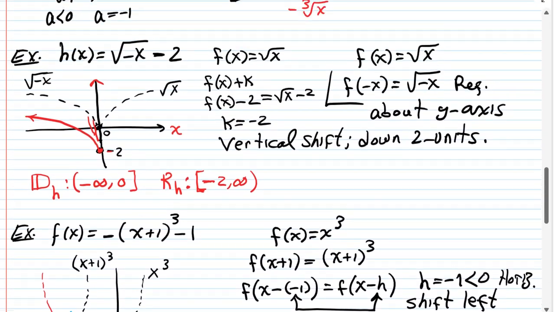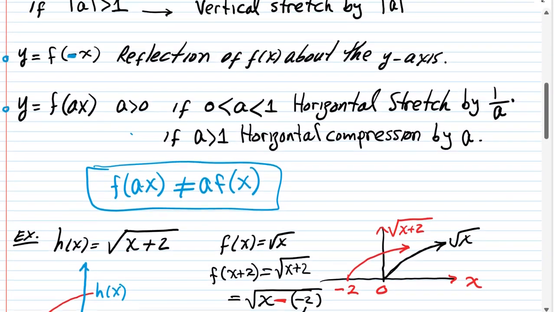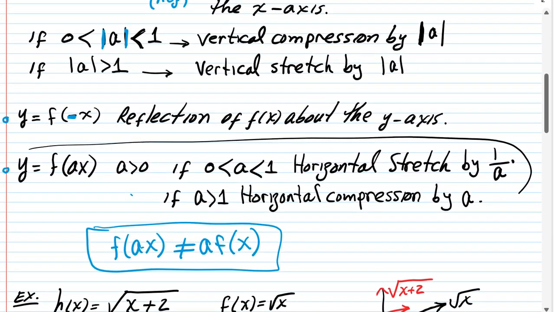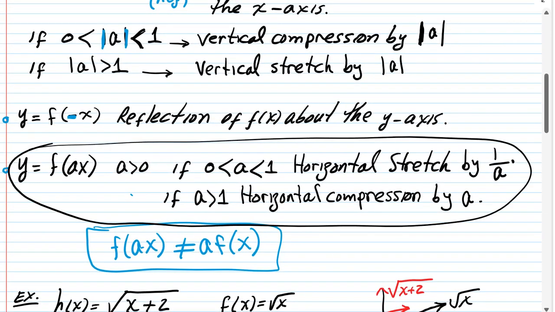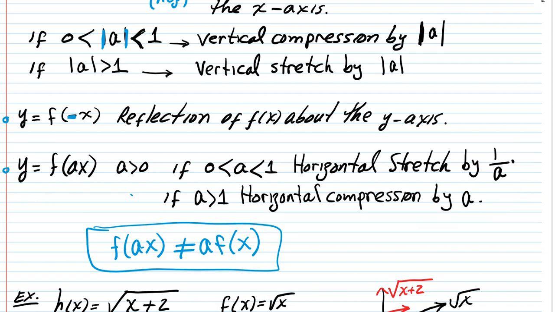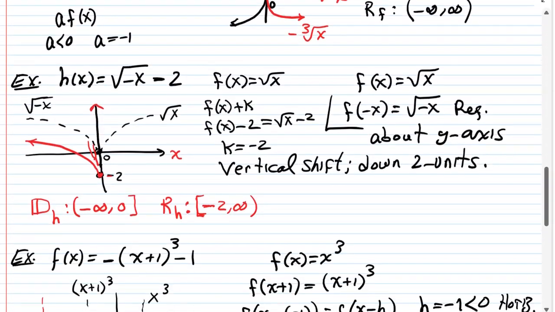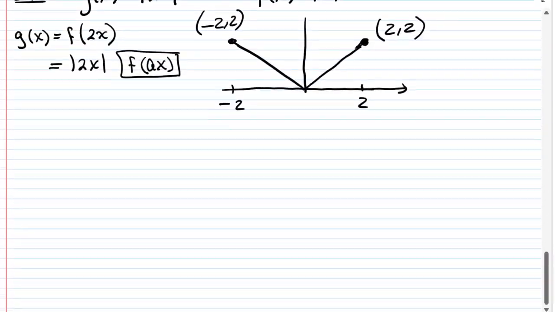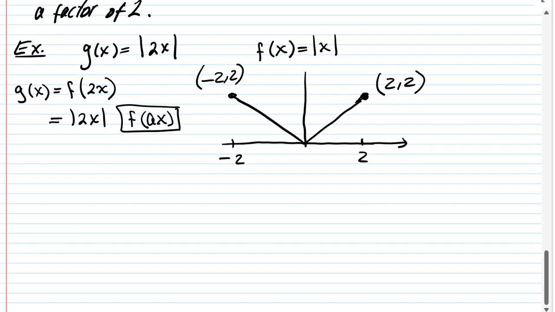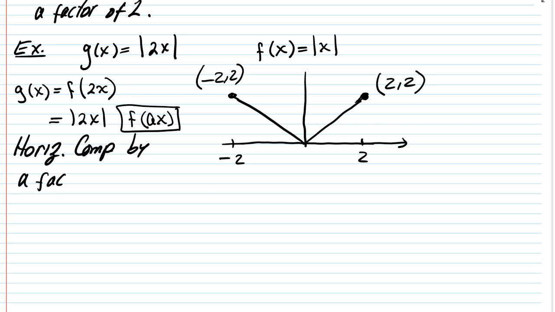And remember, we mentioned that if a is in parentheses with x, we have either a horizontal stretch or compression, correct? In this case, a is 2, so I would expect a horizontal compression of the absolute value by a factor of 2.